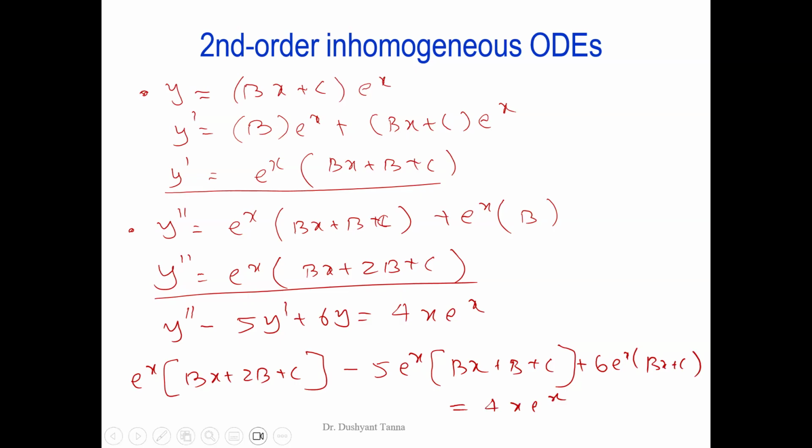Let's combine everything. Let's keep e power x outside, because that will help us simplify easily.